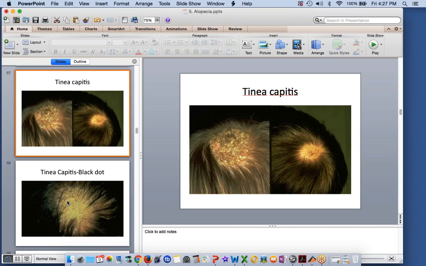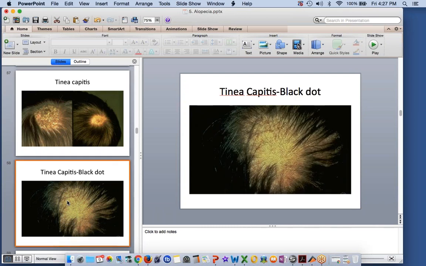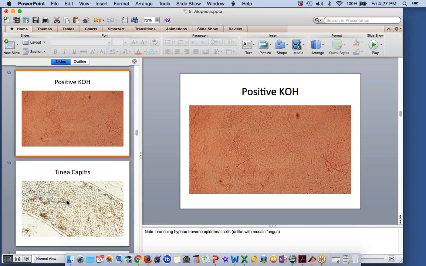Sometimes it's hard to tell that the scalp is involved with the fungus unless some hairs are plucked out using hemostats right by the roots, and the roots are placed on a slide with a cover slip and some KOH, and you can see the fungal elements along the edge of the hair follicle.